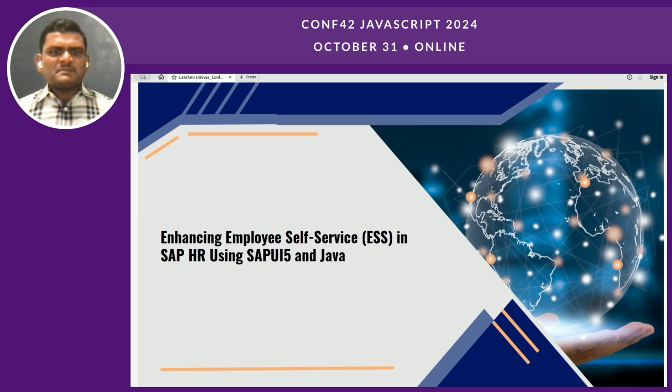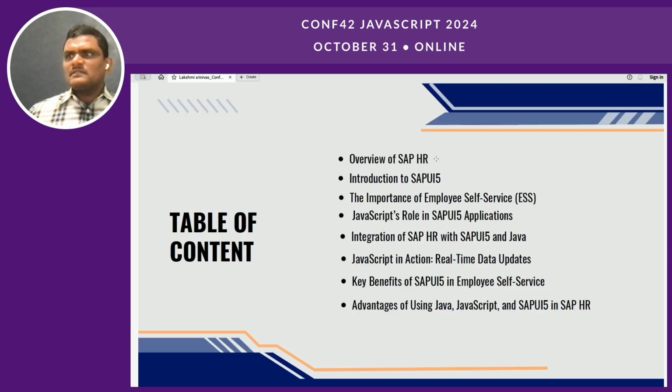I will cover SAP HR, SAP UI5, Java's role in this architecture, and how these technologies work together to create more efficient and user-friendly employee self-service solutions. Enhancing employee self-service in SAP HR using SAP UI5 and Java.